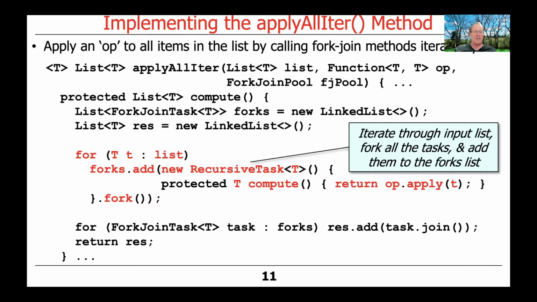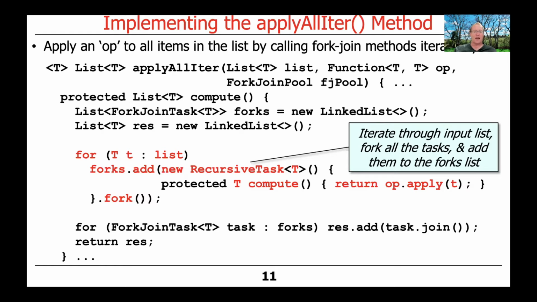And we're then going to add that new recursive task to the forks list. And then we're going to go ahead and fork this recursive task. I guess I should say more specifically, we're going to create the recursive task, we're going to fork it, and then we're going to add the recursive task to the forks list.